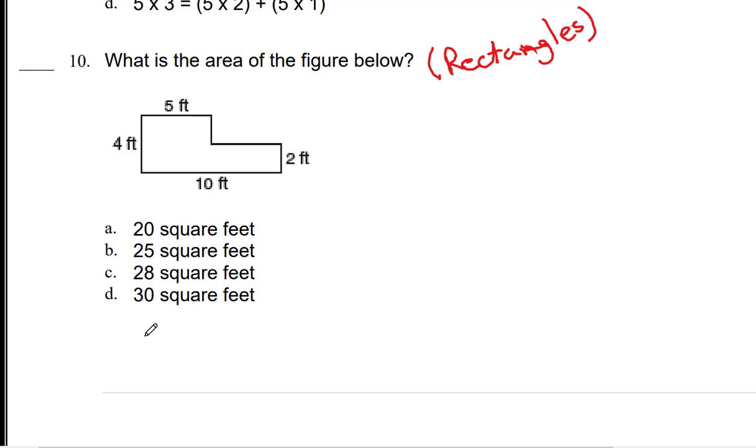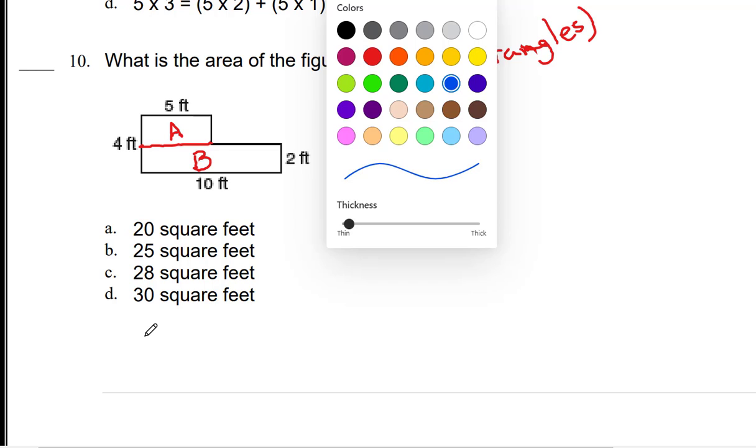Okay, for this question, my heroes, you need to break it. I will do it like this. So I have one here, I will call it A, and another rectangle down here, I will call it B. Of course, this is not the only solution for this question. You can break it another way. I will use another color.